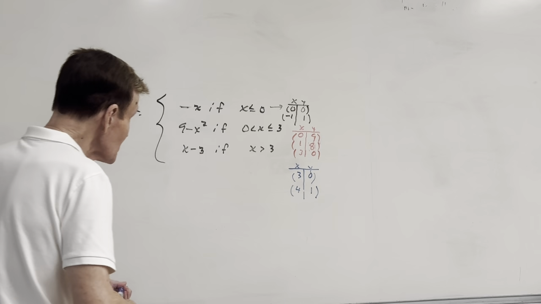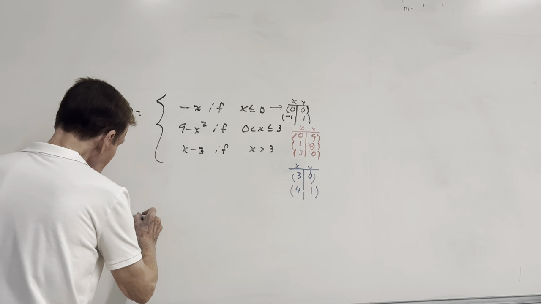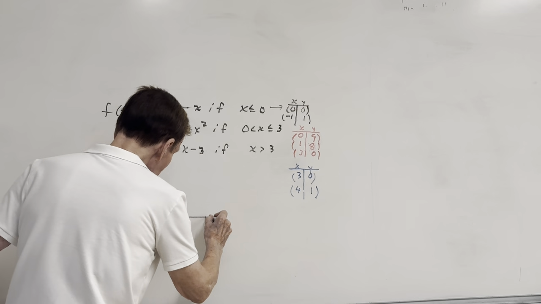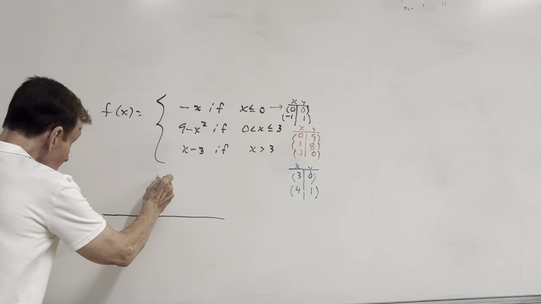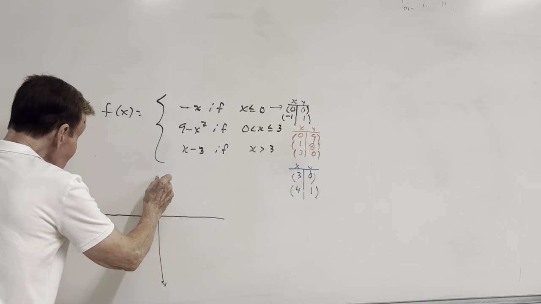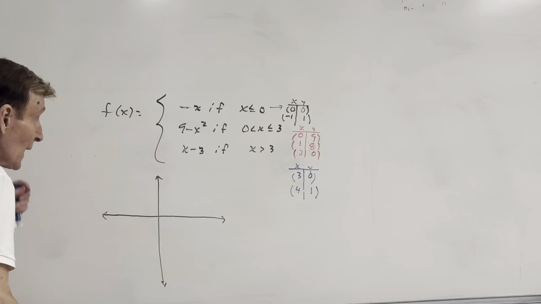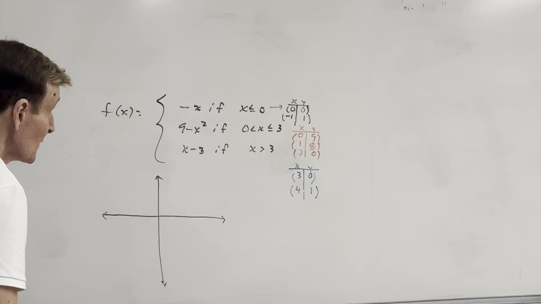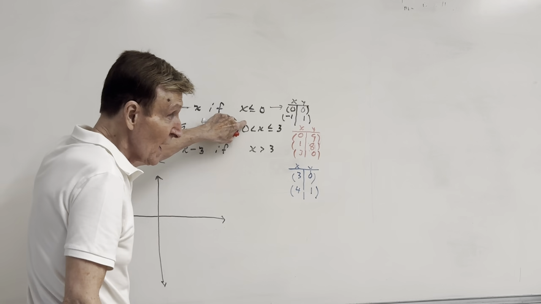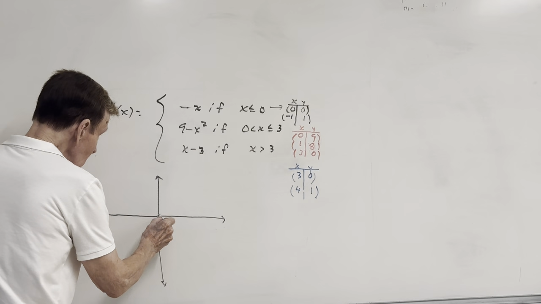Now, let's see what this put together looks like as a piecewise graph. We'll do a quick sketch here. The one in black says start out with (0, 0), and be very careful. I do see the equals mark there, which says I can include (0, 0) on that first piece.